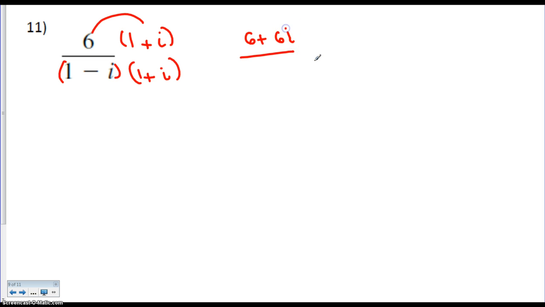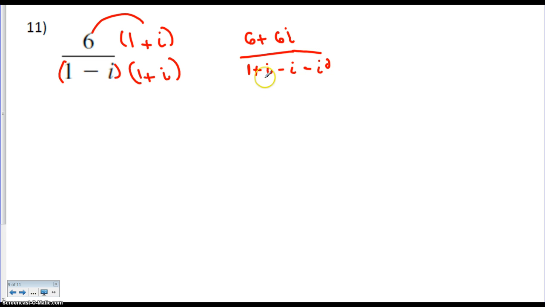Now, in the denominator, what I'm doing is I have 1 times 1 gets me 1, plus i because I have the 1 and the i being multiplied together, minus i, because negative i times 1 gets me negative i, and then I have minus i squared.